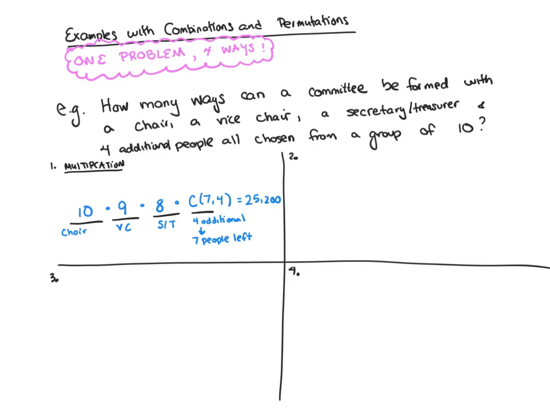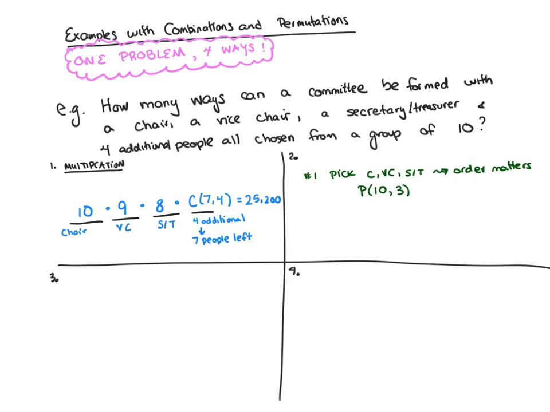Let's say that I'm not going to use my multiplication principle. I'm just going to think about this in terms of permutations and combinations. So step 1, pick the chair, the vice chair, and the secretary treasurer. So here, order matters, so I want to use a permutation. I'm going to take my group of size 10, and take those 3 people in a way that order matters. So the number of ways of doing that is P 10, 3.